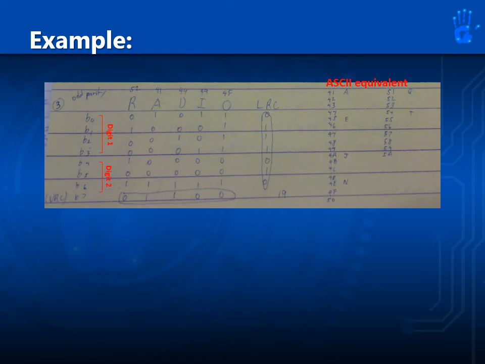So the LRC in that case will be located at the bottom, and VRC is located on the right. But take note, all you have to know is LRC is for the bit position and VRC is the parity bit for individual characters.